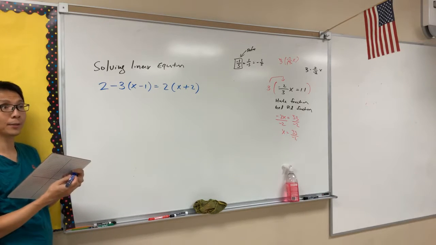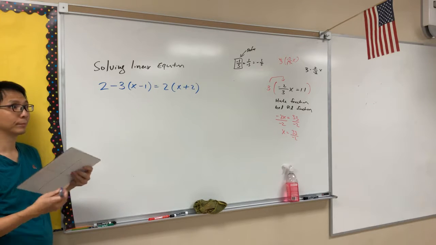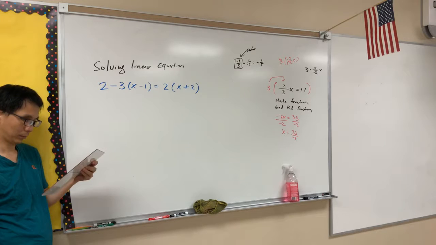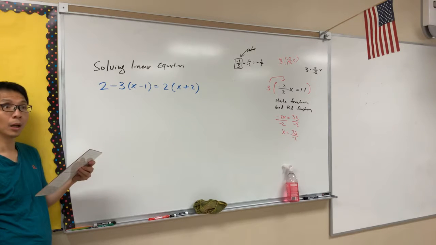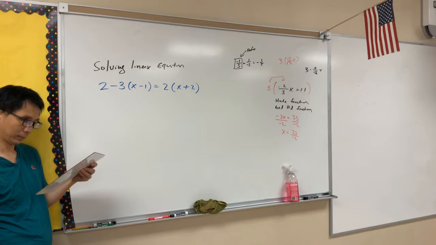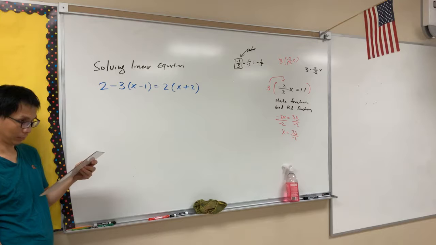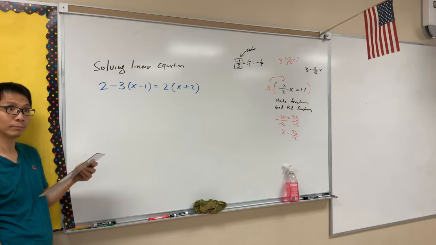Okay, let me ask. AJ, what did you get? I got x equals 5. Carrie, what did you get? 9/5. Tiffany, what did you get? I messed up, so I had to restart. Samira, what did you get? 1/5.